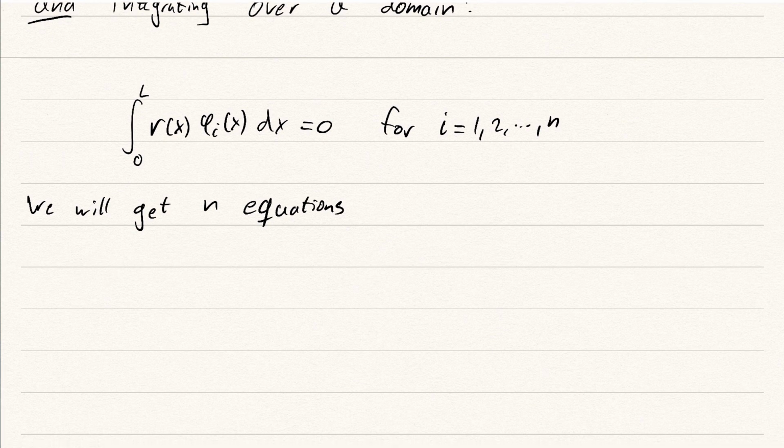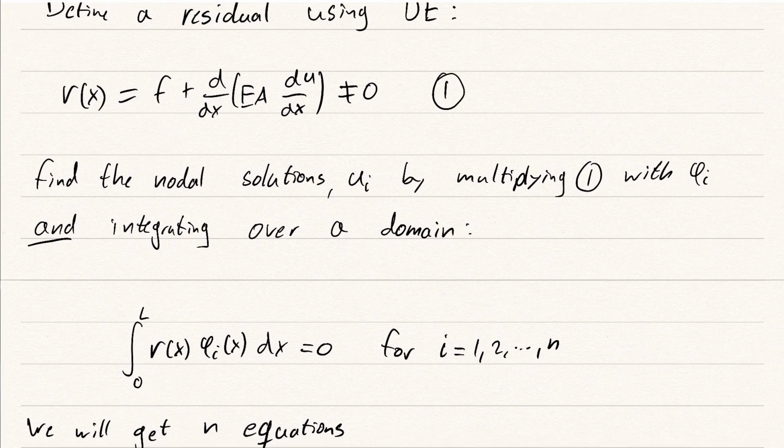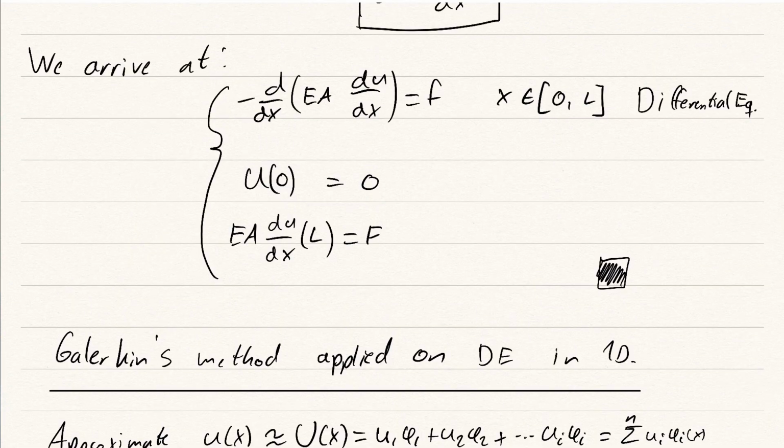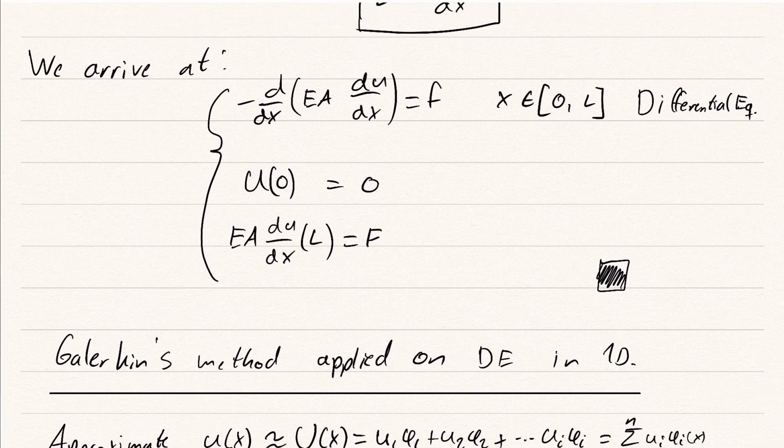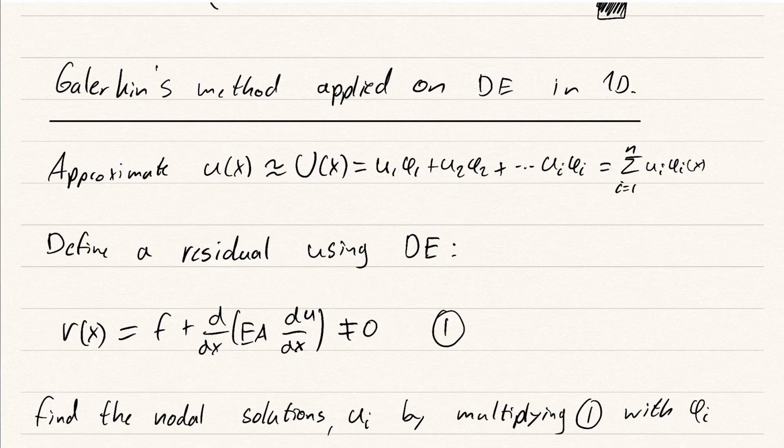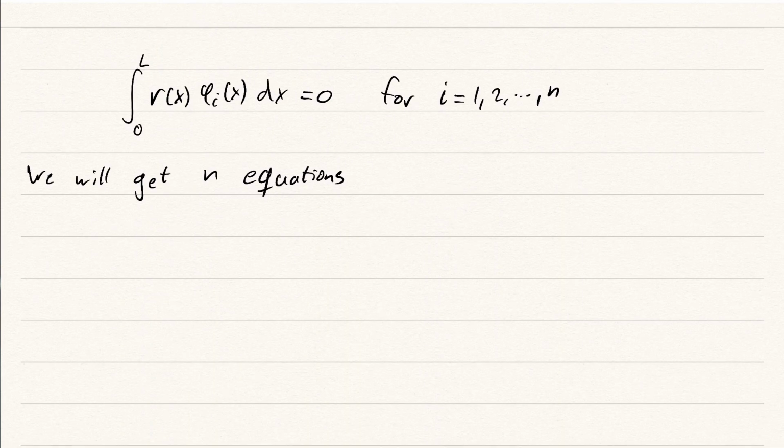Right, so what we are going to do now is that we take this, we go back to this way of writing it. So we have the differential equation on the left hand side and f on the right hand side, and the integral there. So this is going to be minus the integral from 0 to L of d/dx EA du/dx, and I need to multiply by phi i, times phi i dx.